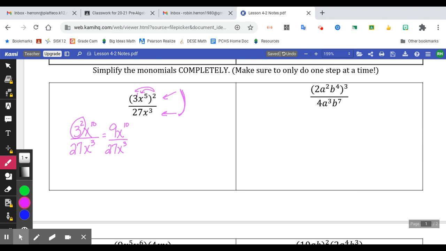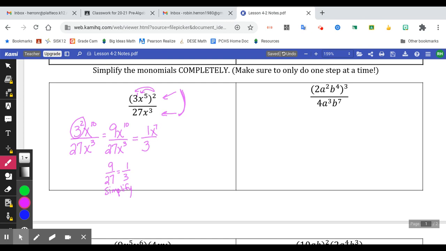Now, I can't divide 9 by 27 because I would get a decimal, but I can simplify it as if it were a fraction, which would be 1 over 3, right? 9 goes into 27 3 times. So you have to think about these as, yes, if you can divide, that's great. If you can't, it's still a fraction, so you need to simplify when needed, okay? So this would be my 1/3, and then 10 minus 3 would be x to the 7th.